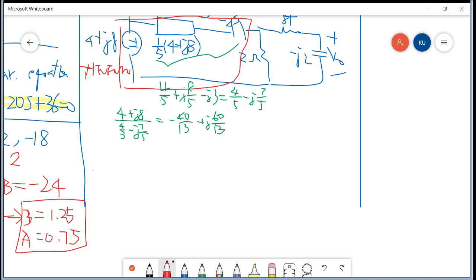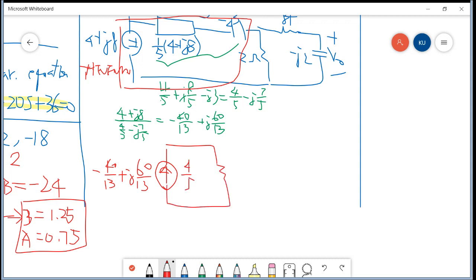So it will be minus 40/13 plus J60/13, and this is a current source, and then parallel with 4/5 minus J7/5.